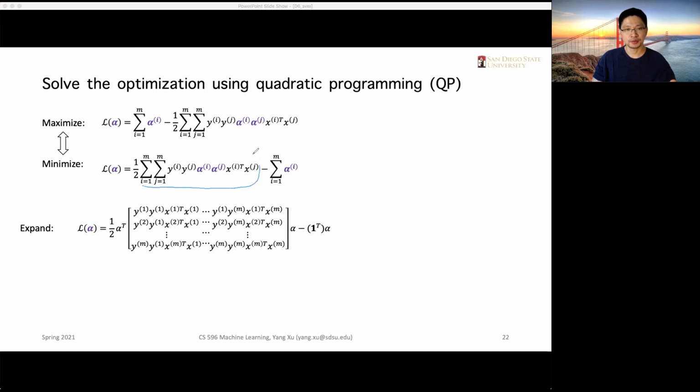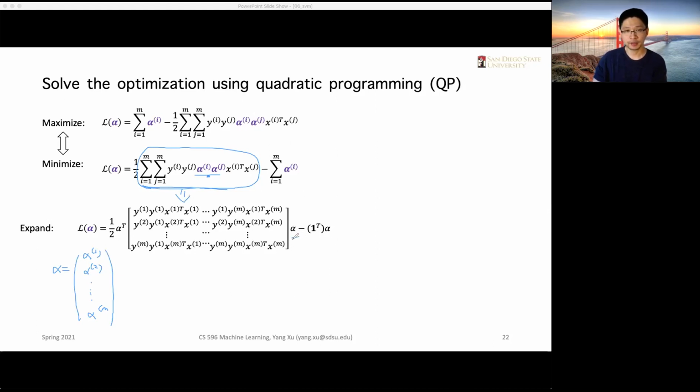Okay, so if we look at the form of this double summation formula, because there's alpha i times alpha j inside, if we rewrite alpha as a long vector, alpha 1, alpha 2, to alpha n, the whole thing can be rewritten into this matrix multiplication form.